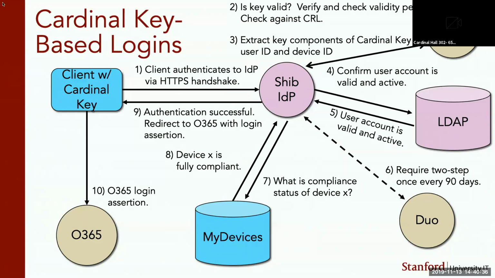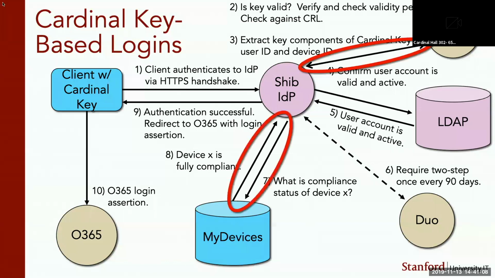You're extracting components. Next you make sure that the user account's still active, just like with any login. And then every 90 days, you want to prompt them for two-factor. The key here really is to find out if that device is compliant with our requirements. So we know which device it is now, so we check against My Devices. And if all that checks out, the SAML assertion is generated and you're off to O365.